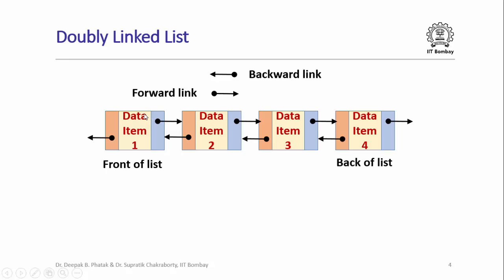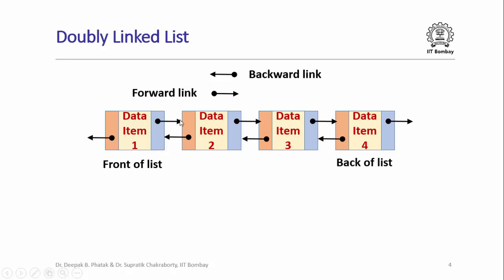So here I have 4 different data items which are represented by these rectangles in the middle, and I will call this the front of the list and I'll call this the back of the list, and each data item has a link, usually a pointer, to the next data item in the list, and also each data item has a link or pointer to the previous data item in the list.